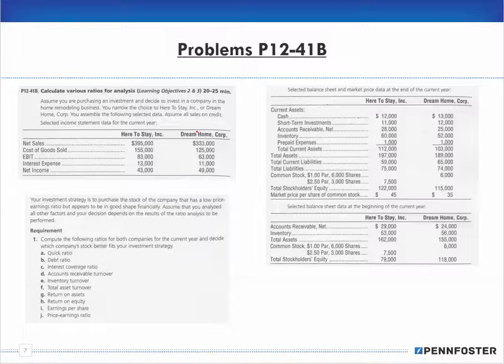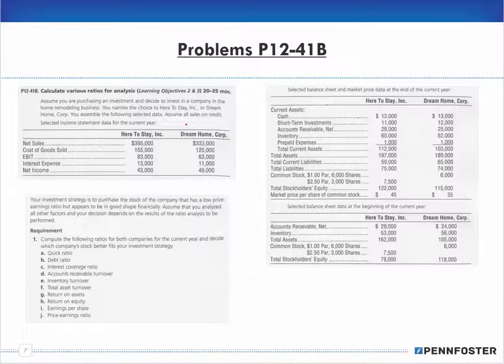Here to Stay is apples and Dream Home Corp is oranges. How do you compare the two? By doing the ratio analysis and going through all of the ratios, you are then able to compare bananas with bananas, and you're able to make the correct investment decision. So I don't want to take a lot of time with this.